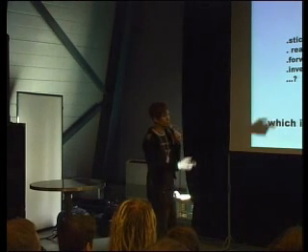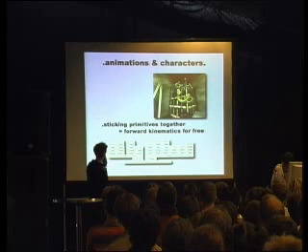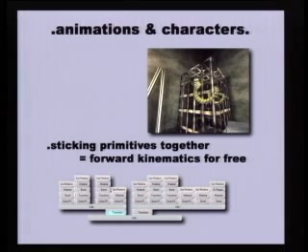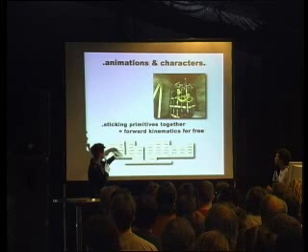Can you show the next one, please? This was sticking primitives together, which is quite cool because you get forward kinematics for free. We have this operator stacking system where the creatures are created.